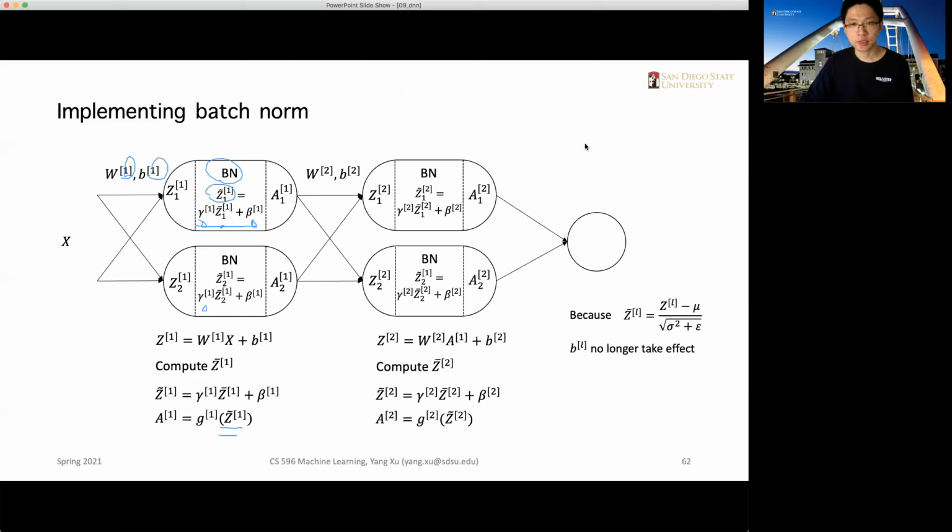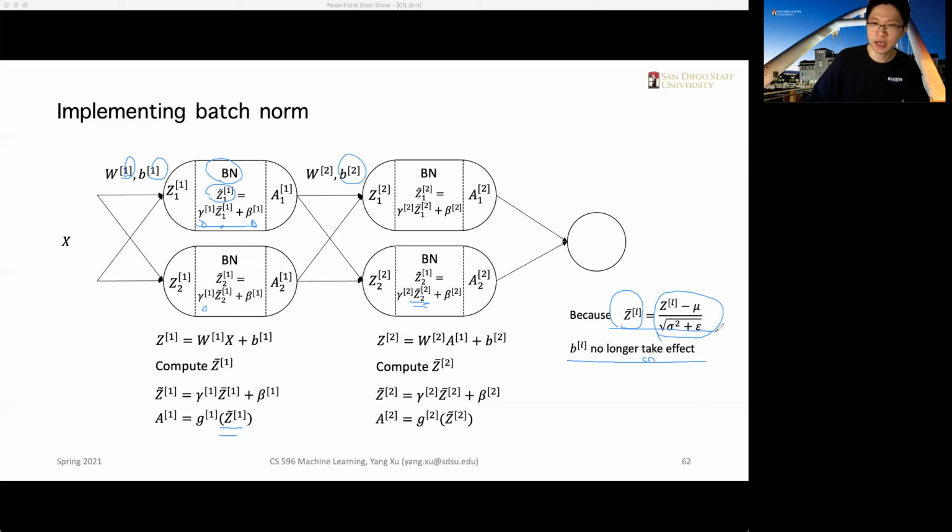Okay, so now the way we compute Z bars is like ZL minus mu. It's already normalized. Because the input Z bar here is normalized, the original B here is no longer having an effect.